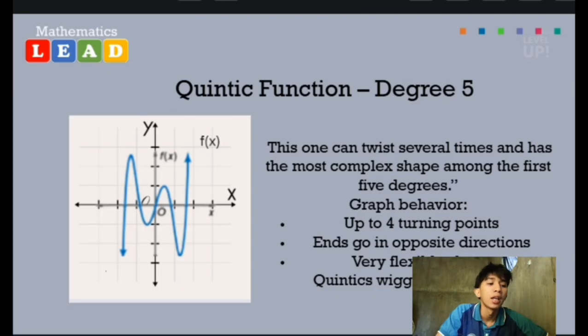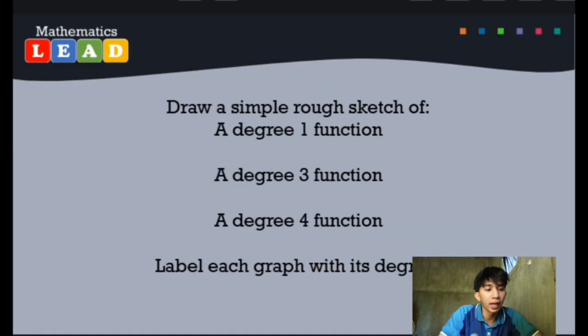For example, f of x is equal to 2x plus 1. The shape is a straight line because x is only to the power of 1. The rate of change is constant. It doesn't accelerate or curve. It just goes up or down steadily.